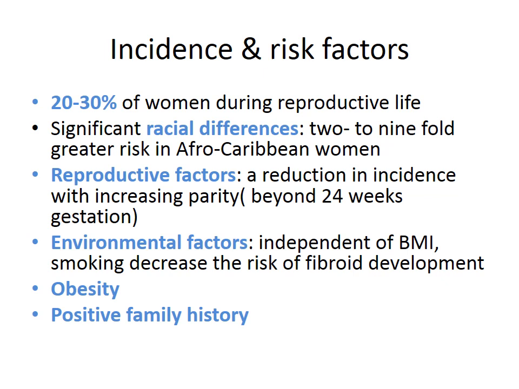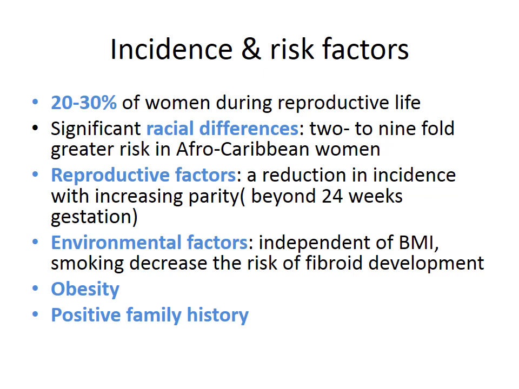And of course, as I said previously, nulliparity is a risk factor for the development of uterine fibroids. Therefore, it has been found that there is a marked reduction in the incidence with increasing parity, that is to say, with an increasing number of pregnancies beyond 24 weeks gestation.